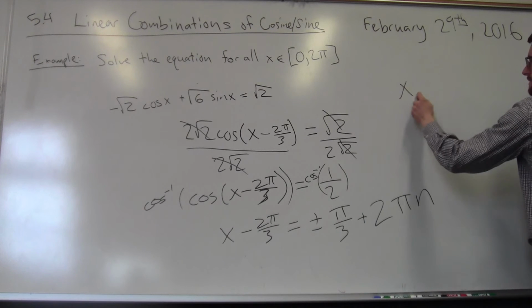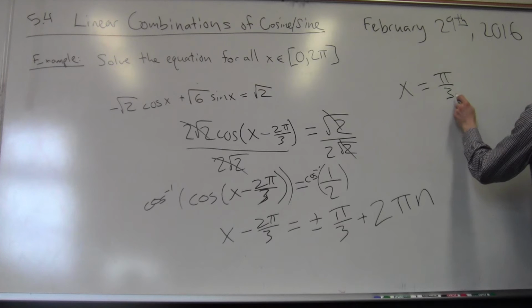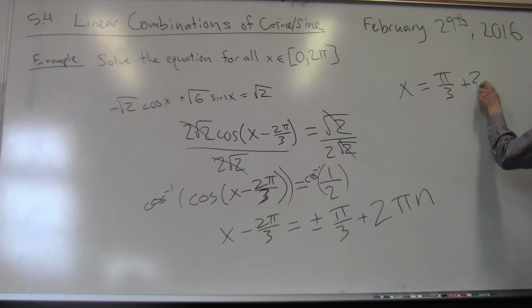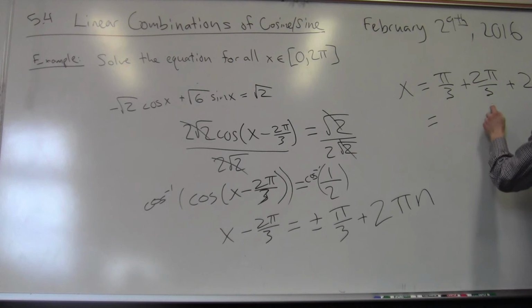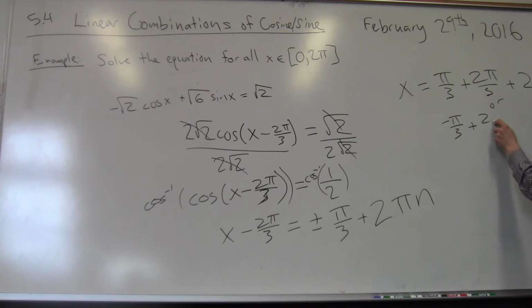So we get x equals pi over 3 plus 2 pi over 3 plus 2 pi n, or negative pi over 3 plus 2 pi over 3 plus 2 pi n. So what are these sets of numbers?